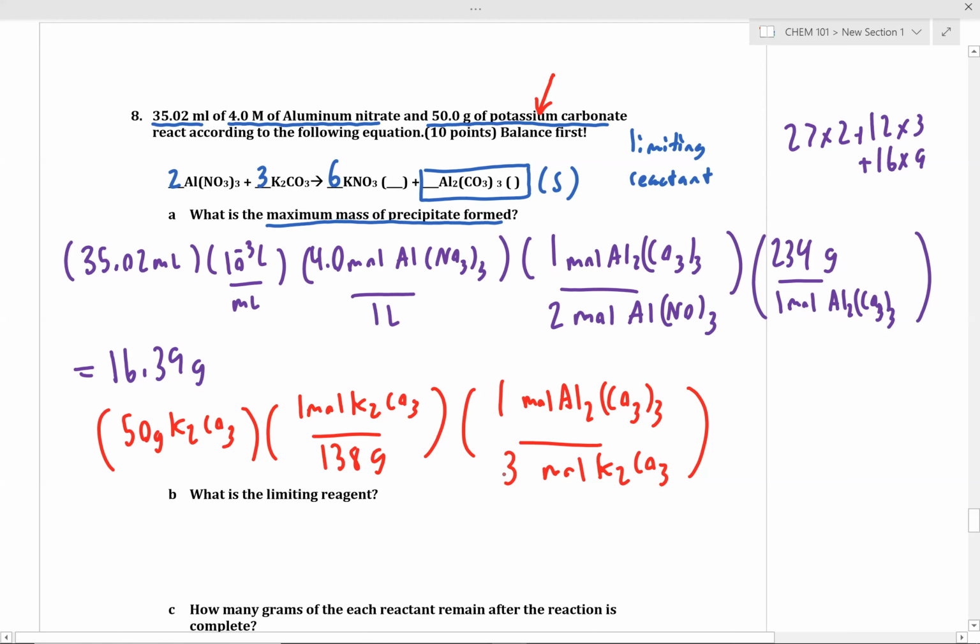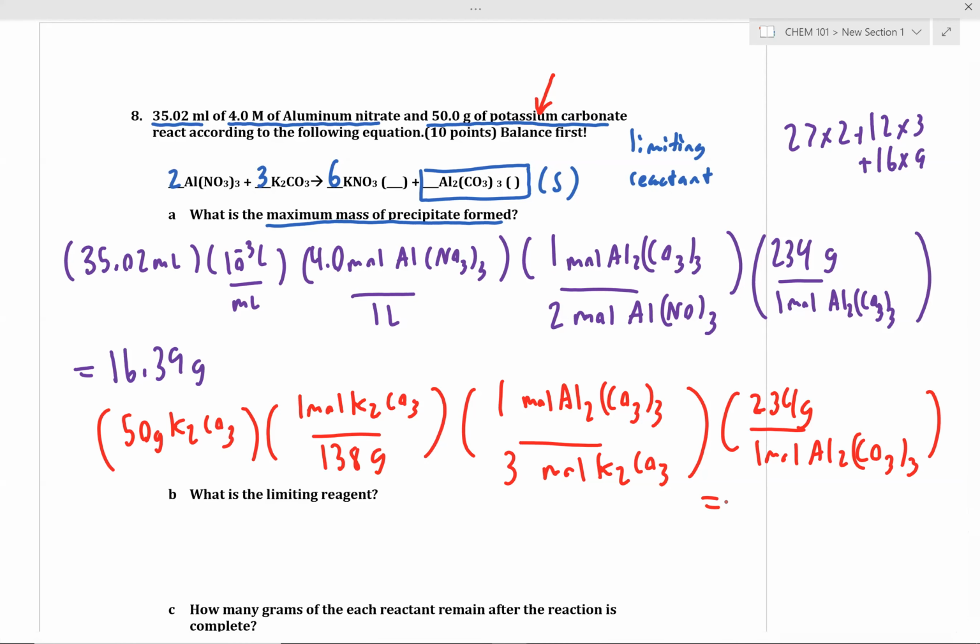Okay, now that we have this established, the mass of aluminum carbonate is the same, 234 grams per 1 mole of aluminum carbonate. Okay, and that in turn gives us 50 divided by 138 divided by 3 times 234 gives us an expected mass of 28.26 grams.